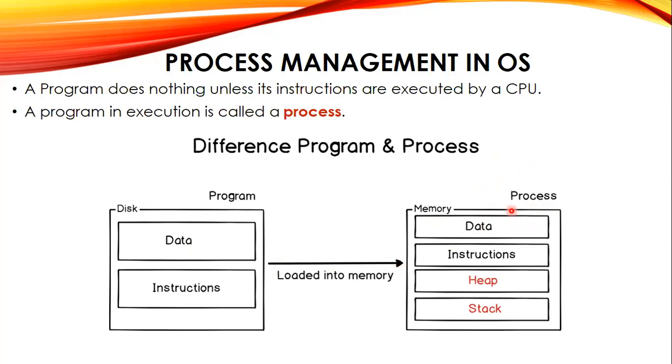When it is started to execute, when CPU pick that process. And inside the memory, it has other types: data, instructions, heap, and stack. We will see them later. So just know that when it is loaded into memory, it is becoming a process.